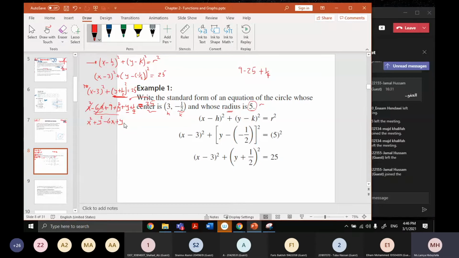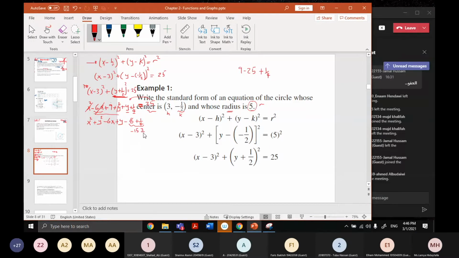Which is minus 16 plus 1 over 4, so this is going to be minus 15 and 3/4. Anyway, it's a constant.